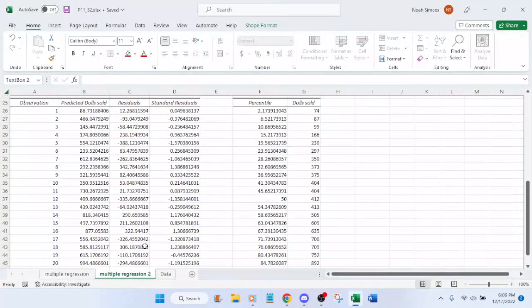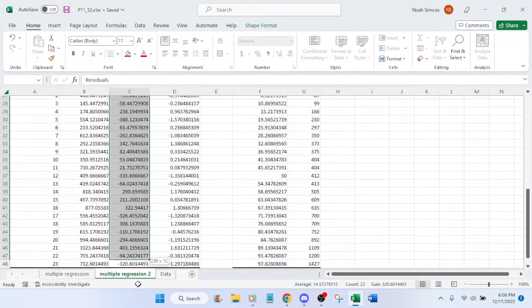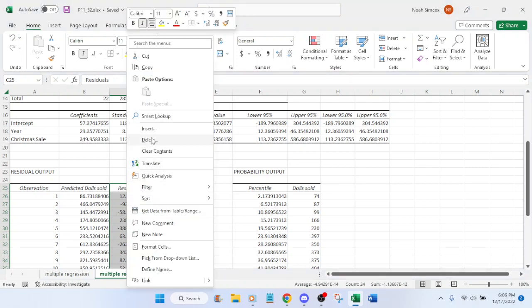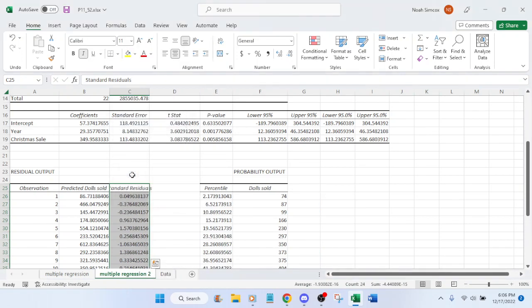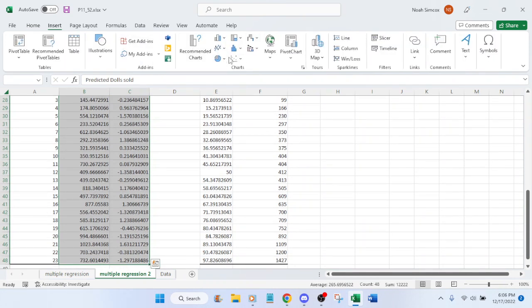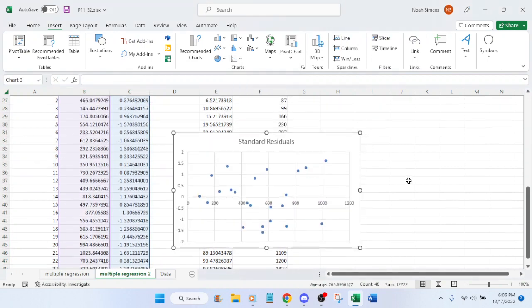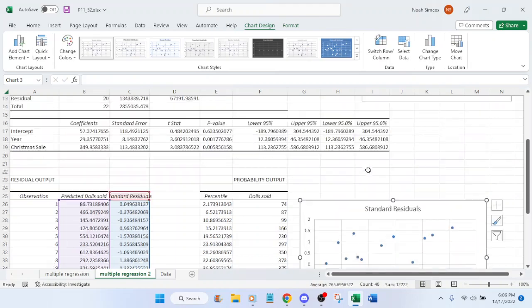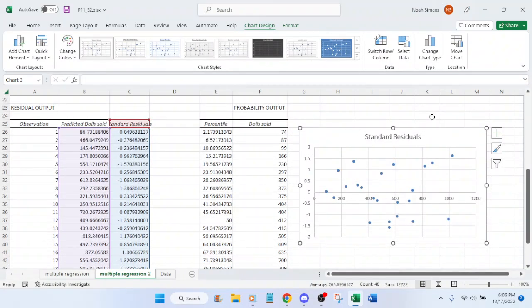Again, we're going to delete the residuals one, insert a scatter plot. The chart of the residuals does not show any outliers.